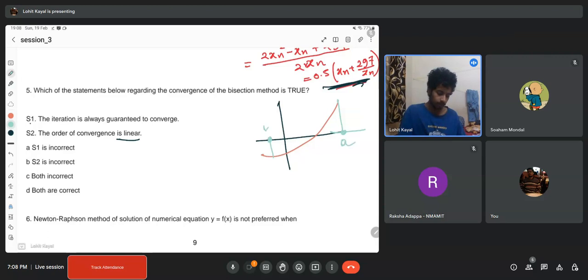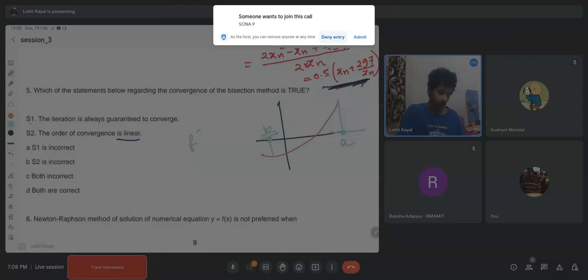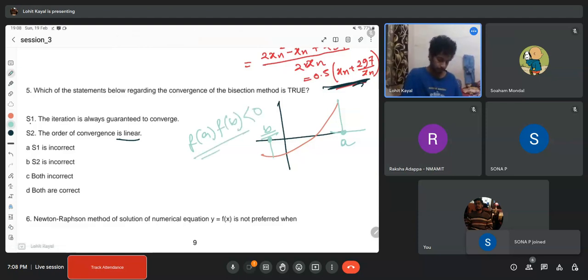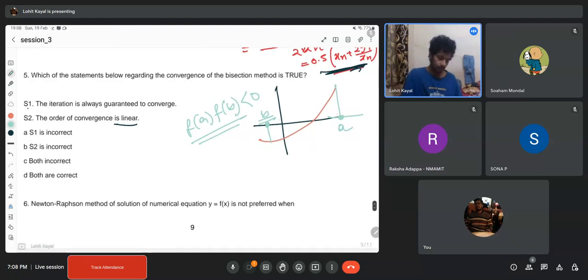This is probably a, this is probably b, and if f(a) times f(b) is less than 0, then you just reduce the interval by half and do the same thing, continuously checking that f(a) into f(b) has to be less than 0. If you do it like this, then you are guaranteed to reach a solution.